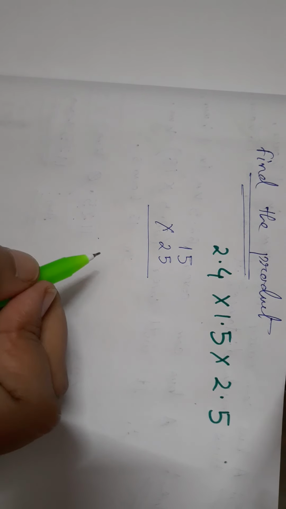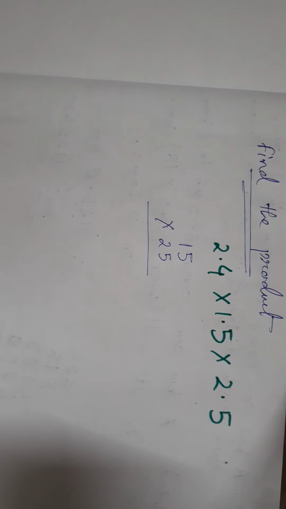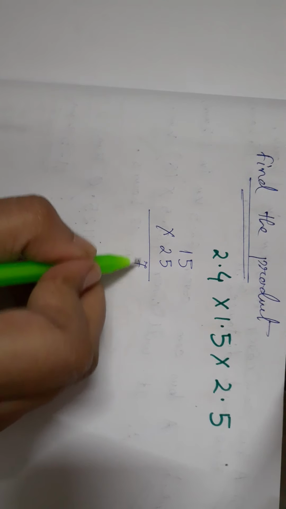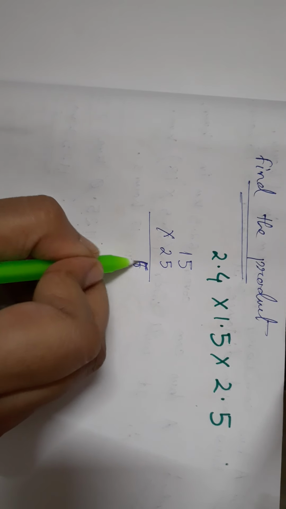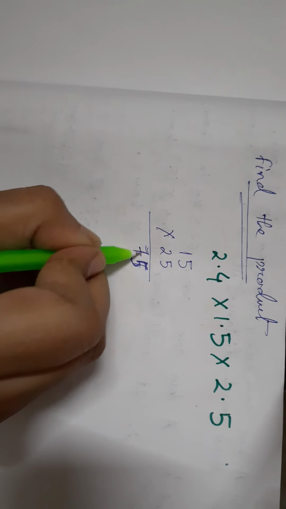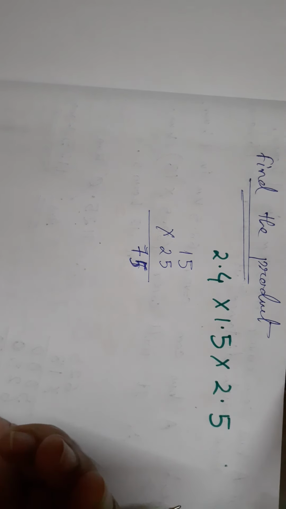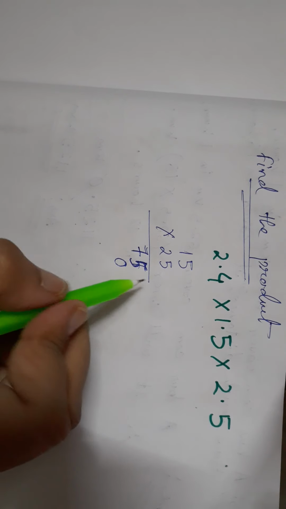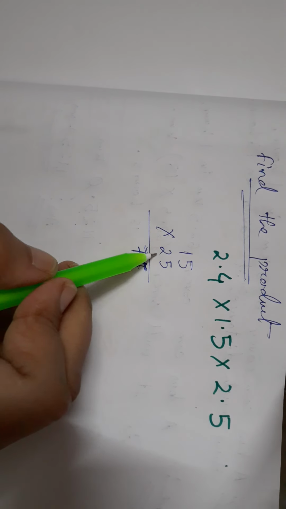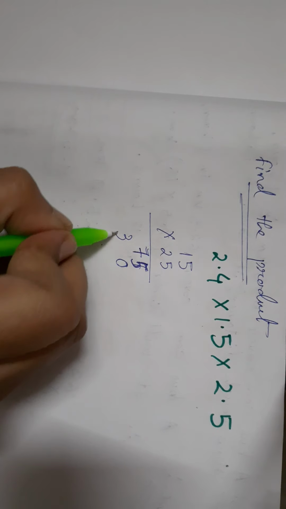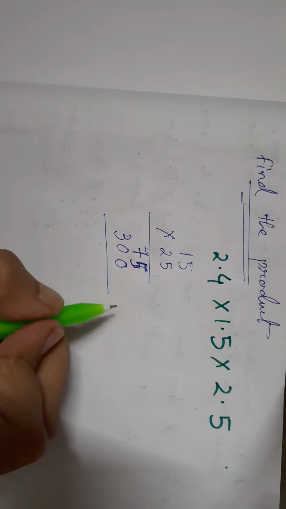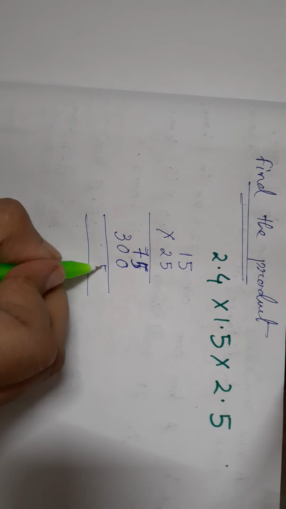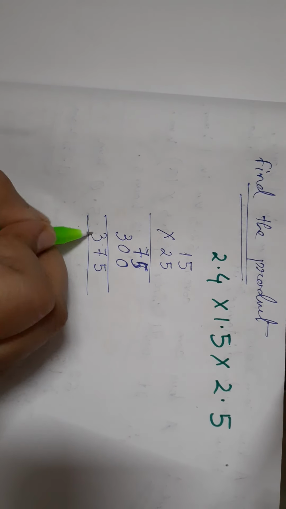When we multiply these two, we get 15 into 5, that means 15 fives are 75, as we all know. And then we will put a 0 over here. Then again we'll multiply 15 with 2 and we will get 30, this also we all know. So ultimately when we multiply 15 with 25, we will get 375.